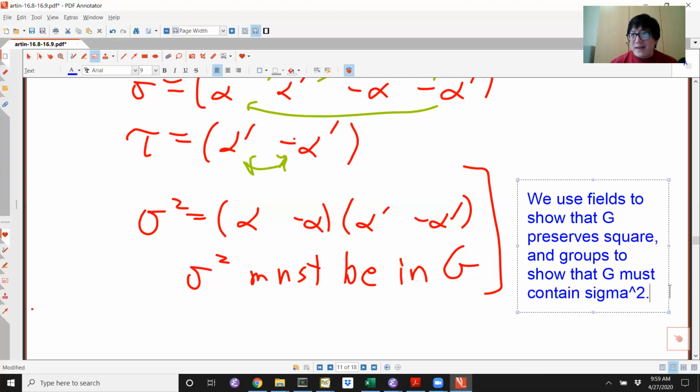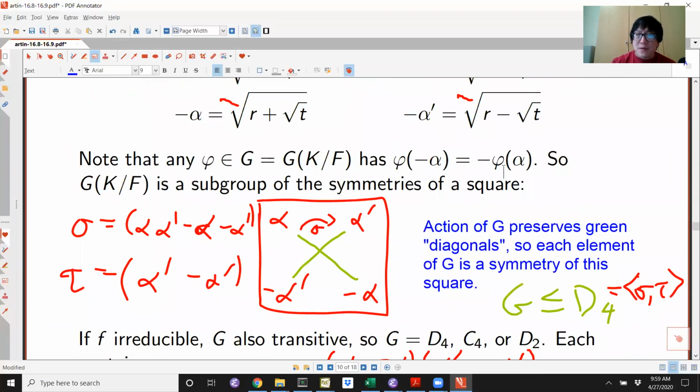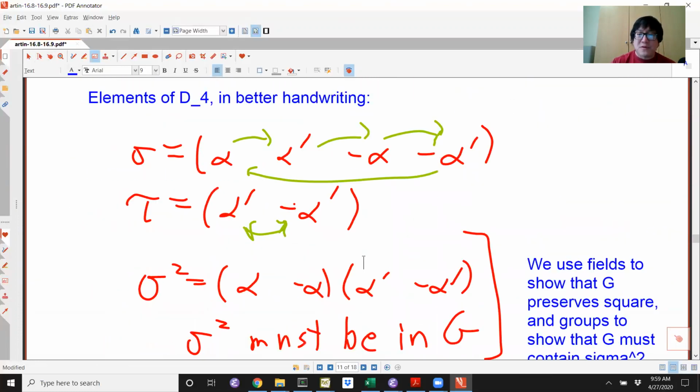So, I guess this is maybe in some ways as good an answer as anything. You use whatever you can, and it often has to be a mix of properties of fields and properties of groups. Here we use this particular property of automorphisms to show that the square is preserved, so G must be a subgroup of the symmetry group of the square.